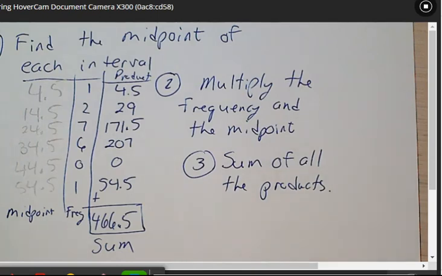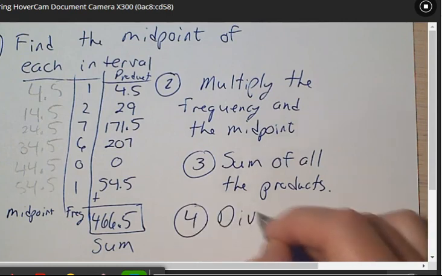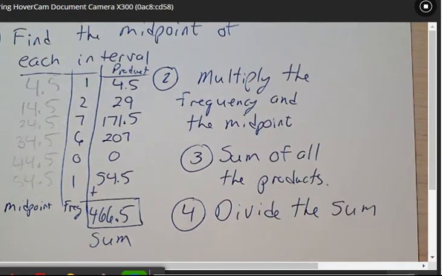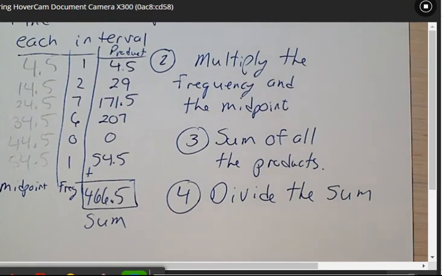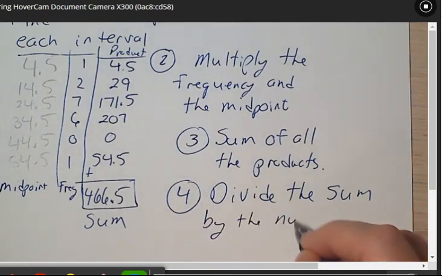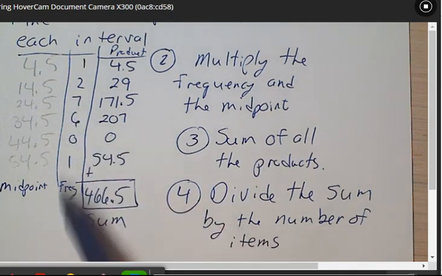Okay, and because it's a mean, we're still going back to that thing. We're going to take the sum and divide it by the number of items. So then we're going to do the same thing here. We're going to divide the sum by the number of items, which for our case is, again, just finding the sum of the frequencies.